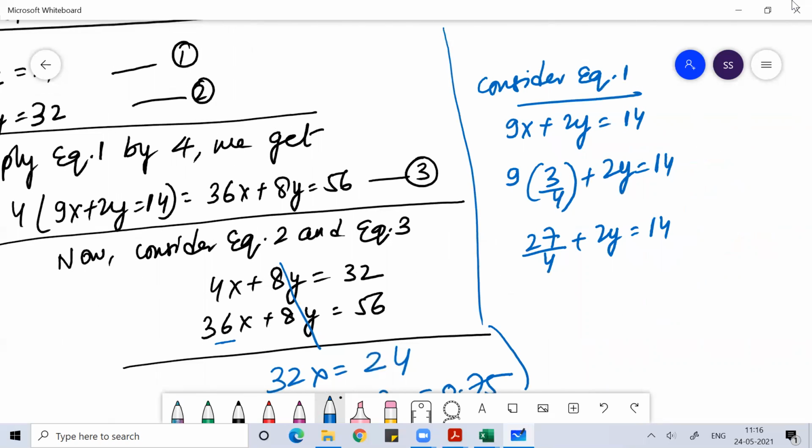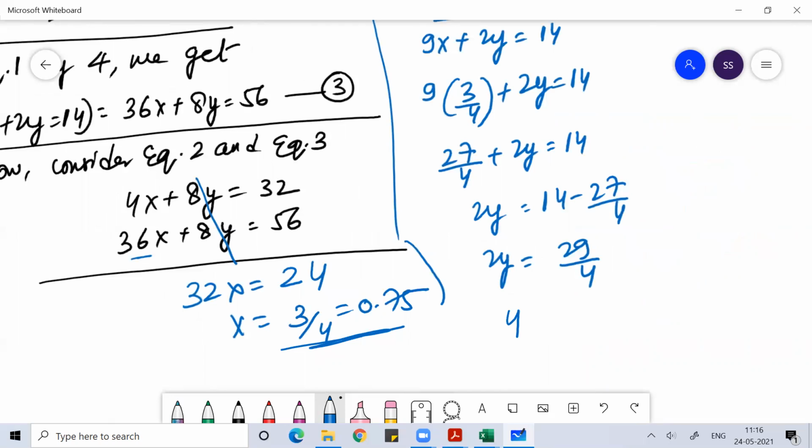So 2y is equal to 14 minus 27 by 4. 14 fours are 56, 56 minus 27 would be 29. So 2y is 29 by 4, and you will get the y value as 29 by 8.